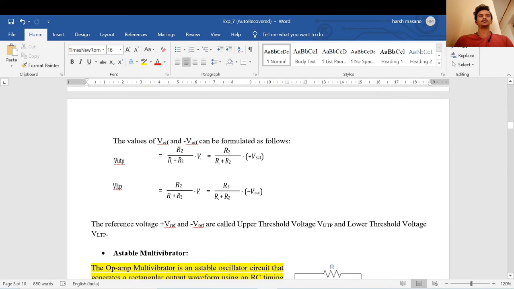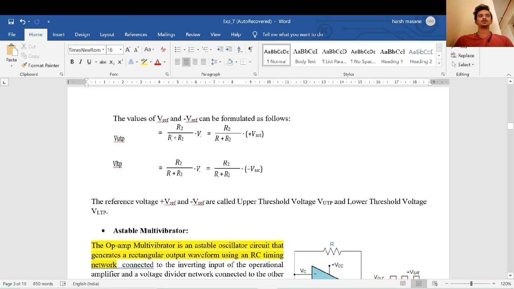The two threshold voltages are the upper threshold voltage, which is calculated as R2 upon R1 plus R2 into Vsat. Here R2 upon R1 plus R2 is nothing but my beta. Similarly, we can calculate the lower threshold voltage, which is beta, R2 upon R1 plus R2, into minus Vsat.